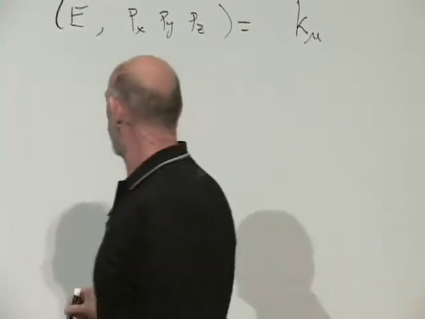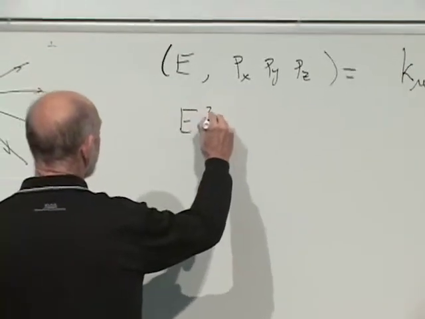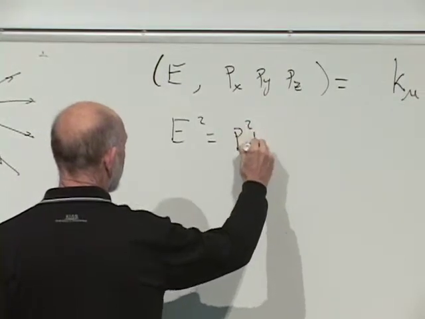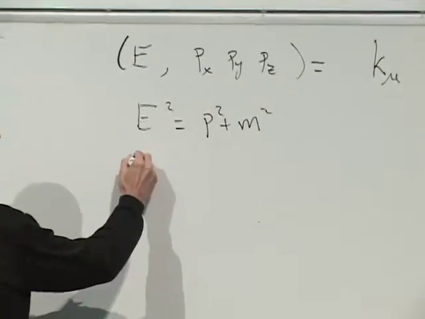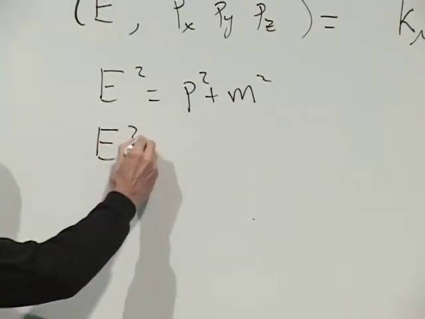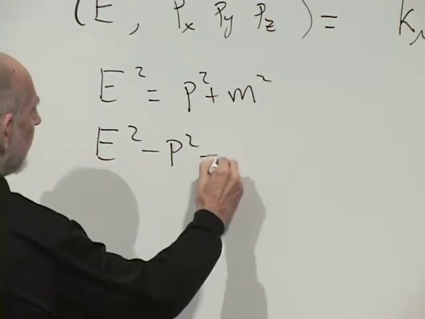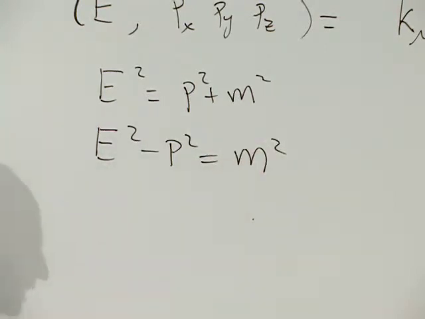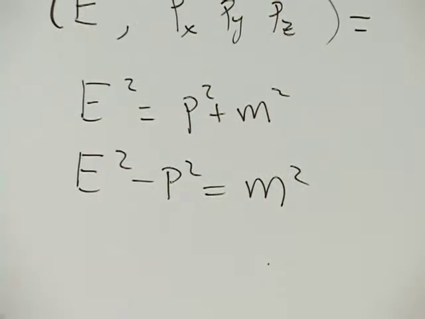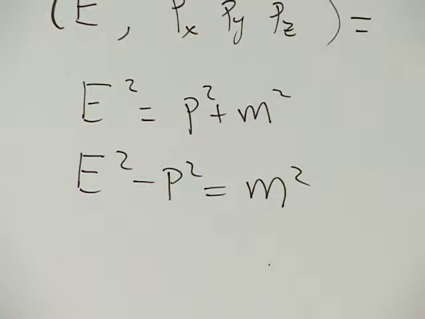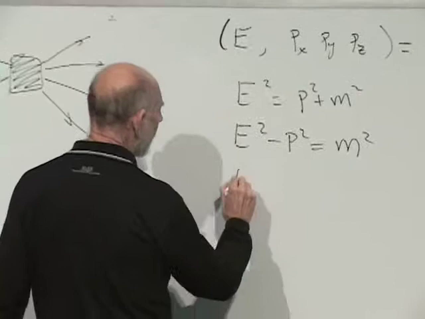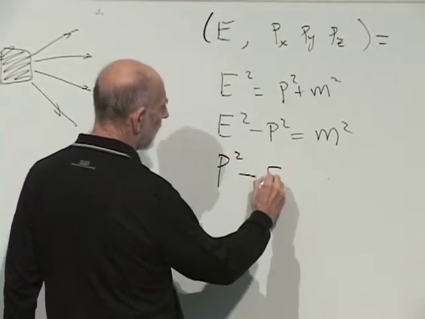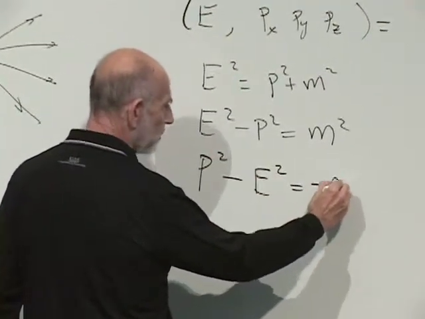E squared equals p squared plus m squared. Or, let's write it the following way. E squared minus p squared equals m squared. And just in order to keep my notation consistent with notations of physicists for many, many years, I am going to write this as p squared minus E squared equals minus m squared.